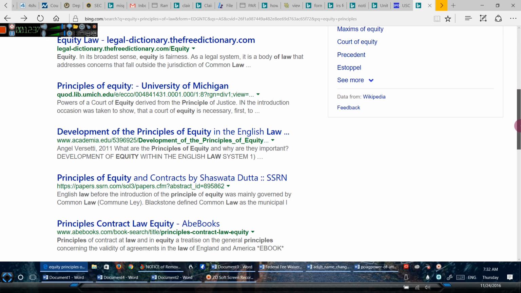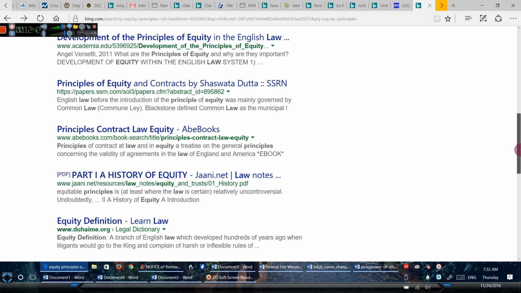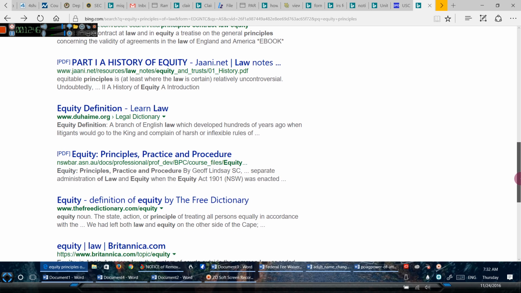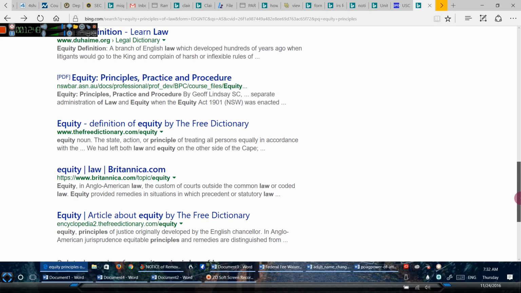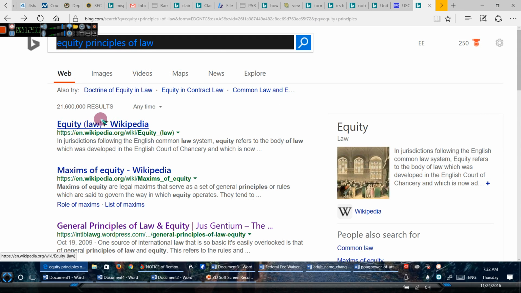You see, development of principles of equity and contract, principle contract law equity, part 1, history of equity, principles of equity, practice procedures, equity. No, none of that. None of that was what I need. So we're going to go to Wikipedia, maxims of equity.